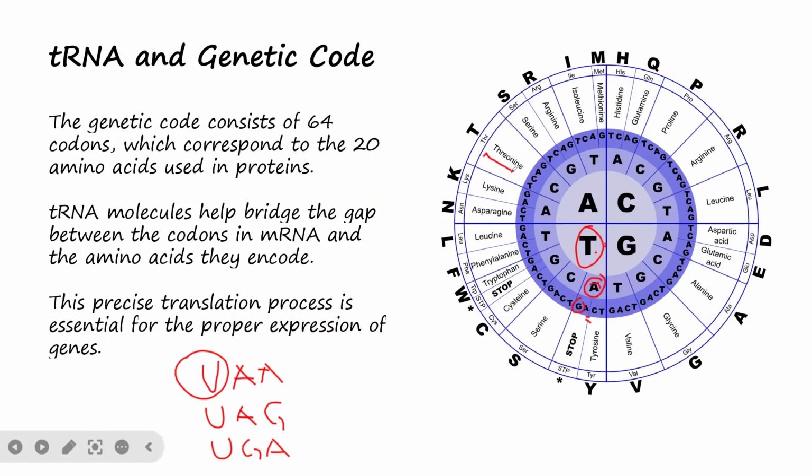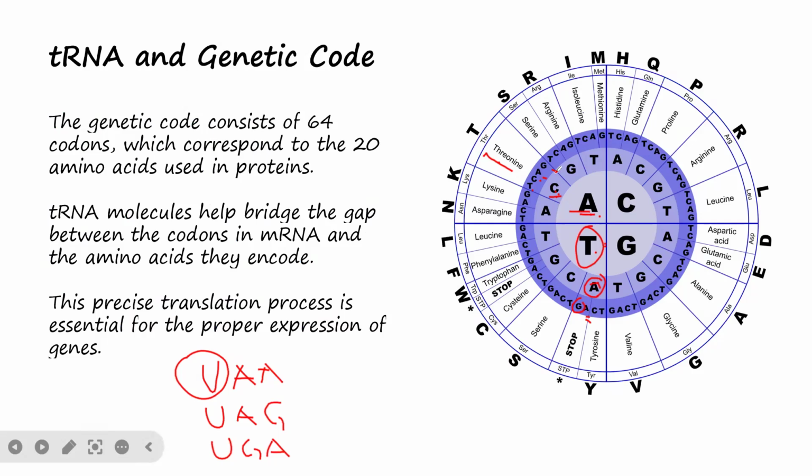You can have up to four codons coding for the same amino acid. For example, you can see here A, C, T is coding for threonine. At the same time, A, C, C, threonine. A, C, A, threonine. A, C, G, threonine. So that's what happens with the genetic code.